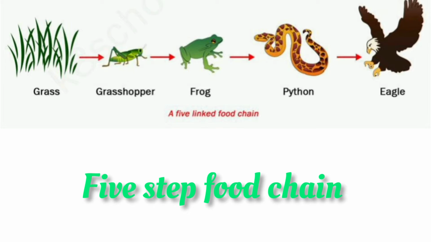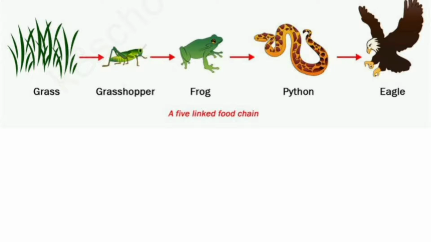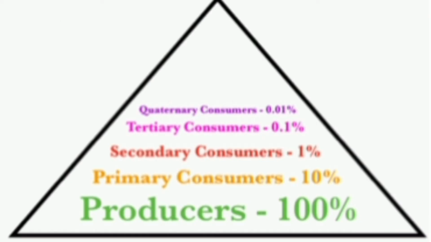And further the snake will be eaten by a quaternary consumer, which will be a bird, that is a peacock or a hawk, that is the carnivorous bird. So, more than 4 consumers in a food chain is unusual because beyond the 3rd consumer level, very little energy is left to be transferred to the next trophic level. Therefore, most food chains have only 3 to 4 steps.